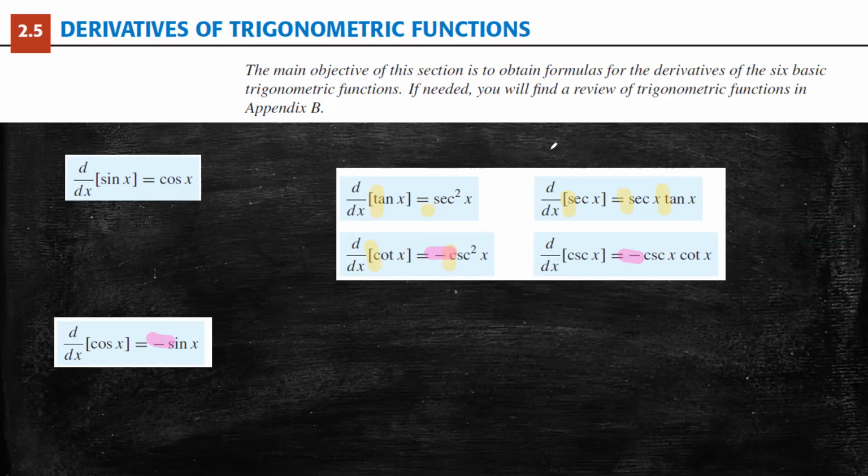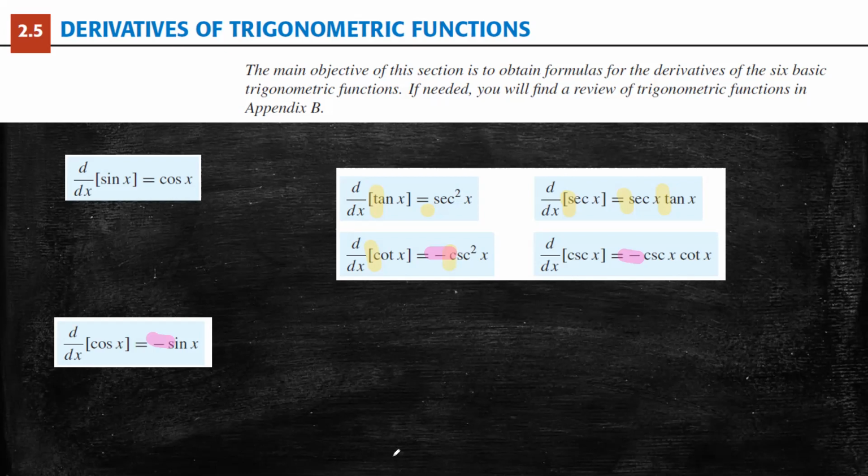By using the limit, they can find the derivative of sine and cosine. Now let's prove that the derivative of tan is secant squared.